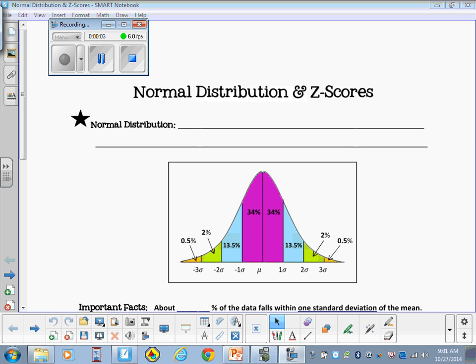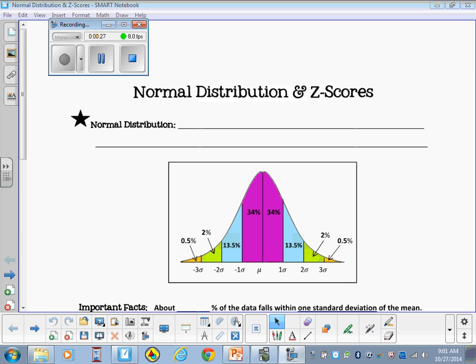Okay, in the last lesson, we looked at measures of dispersion. So we were looking at an entire set of data, for example, all of the test scores for Unit 1 in this class, and looking at how spread out that data was. With this lesson, we're going to be looking at individuals and comparing individual test scores to the mean and the standard deviation.